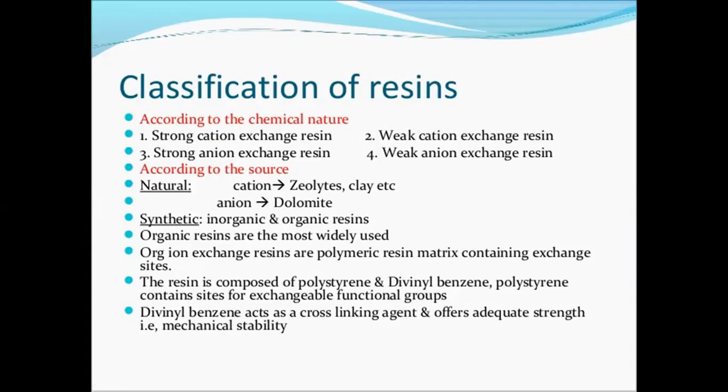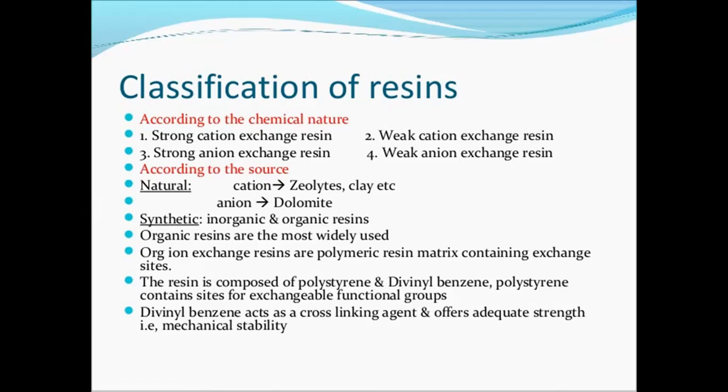That's why a number of resinous substances are available, and these are classified according to their chemical nature. Say for example, strong cationic exchangers, weak cationic exchangers, strong anionic exchangers, and weak anionic exchangers.